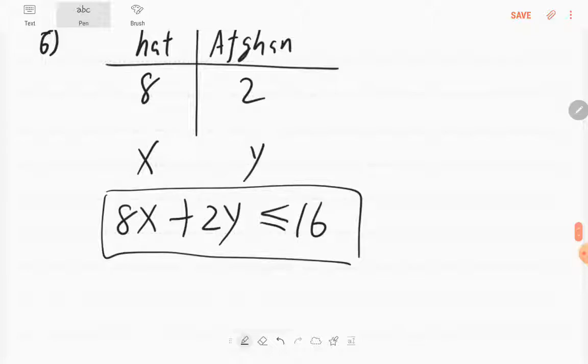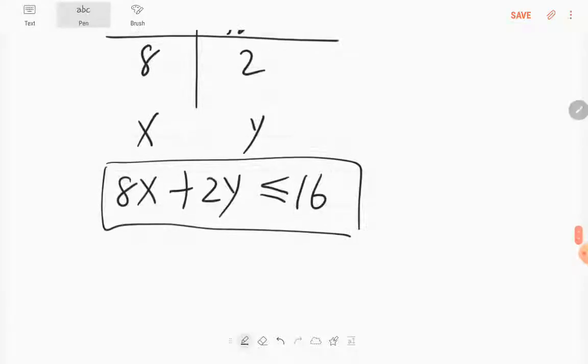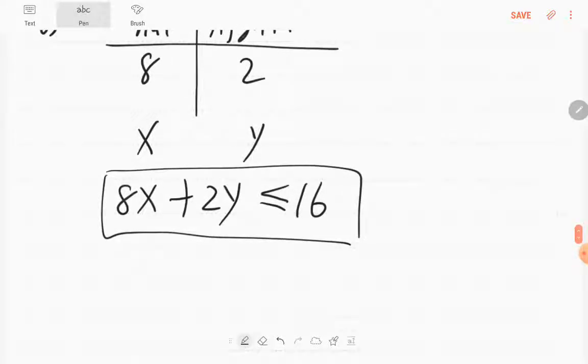So the next one is we want to use this inequality to determine whether she can make 9 hats and 8 Afghans. Okay, so now let's look at it. If x equals 9 and y equals 8, will this work for this situation?